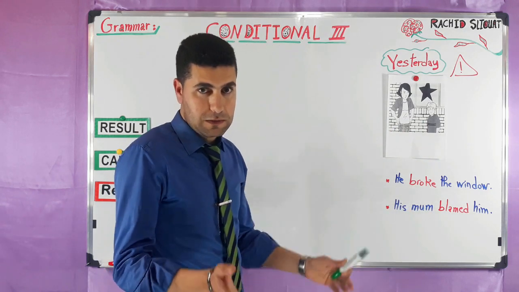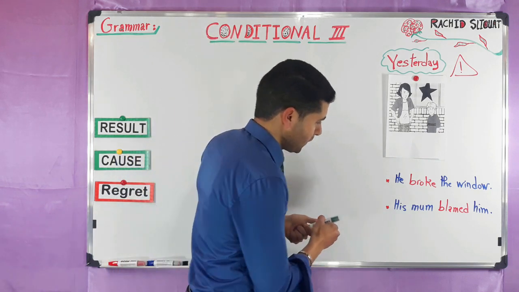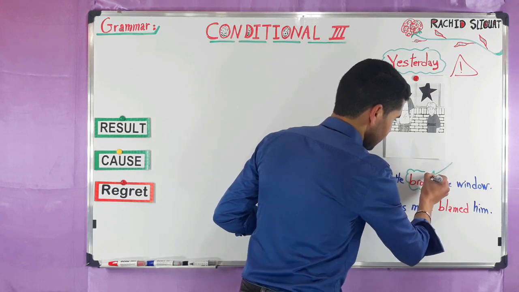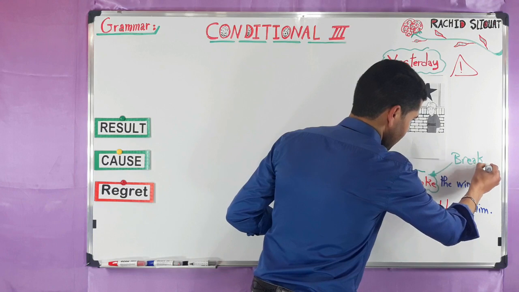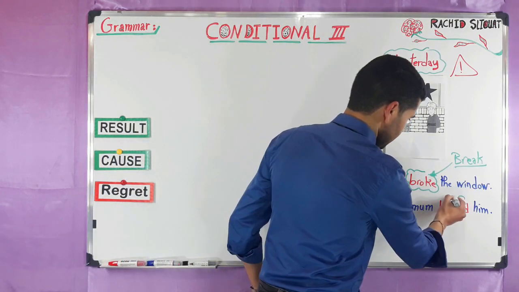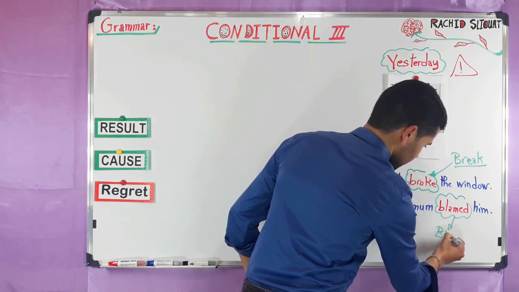So this happened in the past. Broke is the past of break, and blamed is the past of blame.